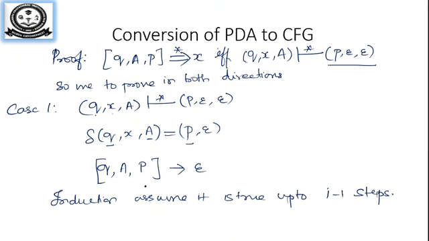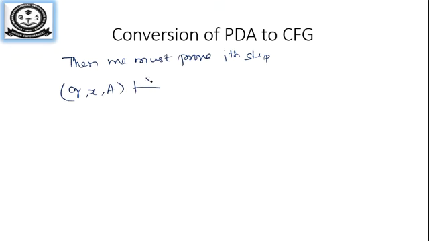We will take an induction that the above step is true for up to i minus 1 steps. Then we must prove the ith step. So let me write q comma x comma a if it derives p epsilon epsilon.